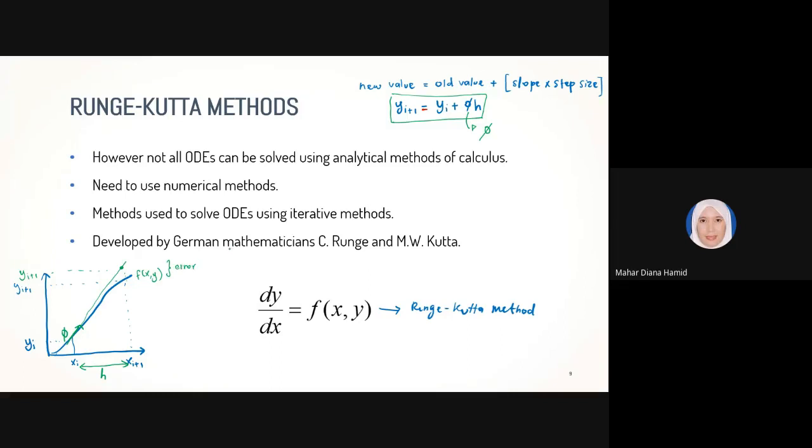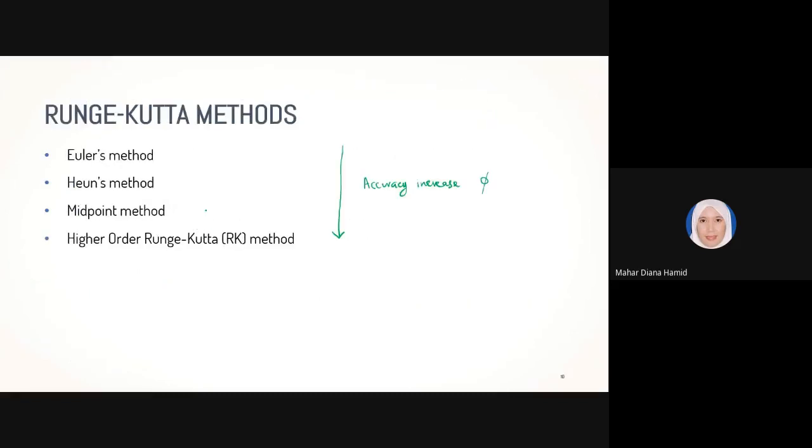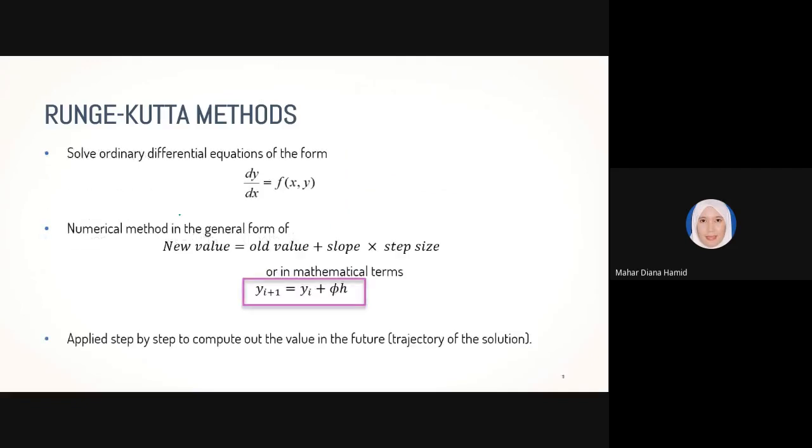As you can see, Euler's method would be the least accurate compared to Heun's method, the midpoint method, and so on.